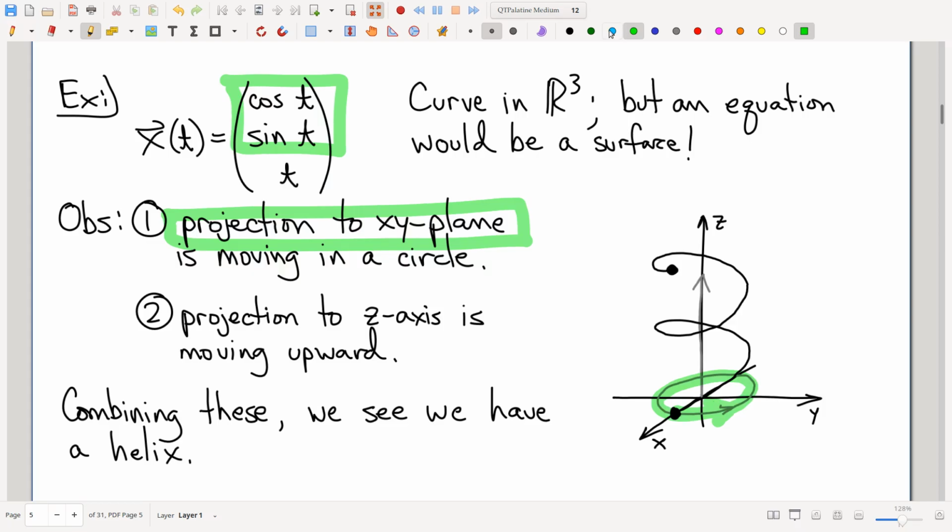And then likewise, we can talk about the projection to the z-axis. Now, projection to the z-axis means we're going to kind of take all of space and kind of squeeze it in to the z-axis. Said differently, we're going to throw away x and y and look only at z. And that's a pretty easy thing to understand. The z-coordinate is just t.